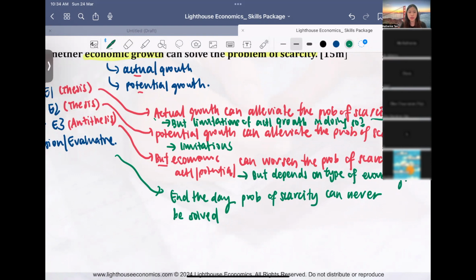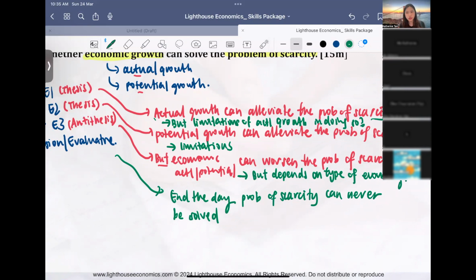So maybe you can say, one of the reasons why economic growth can worsen scarcity is because, remember scarcity, you're thinking about how much to produce and who to produce for. So in economies that have very high income inequality, when you have economic growth, who's going to determine how much and who to produce for?